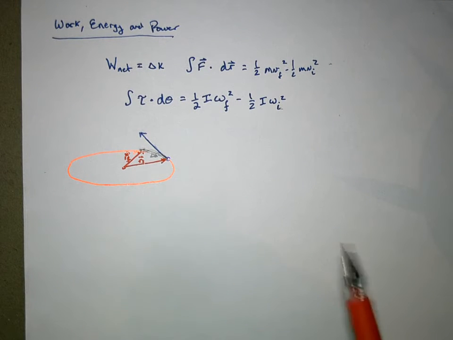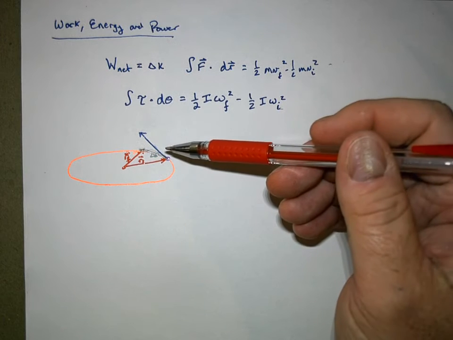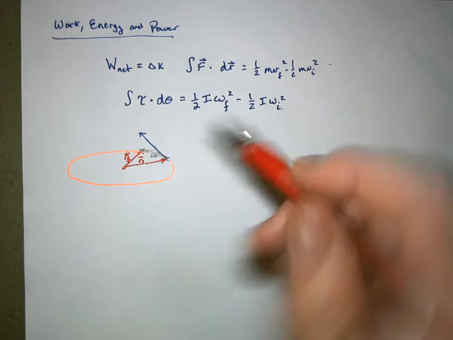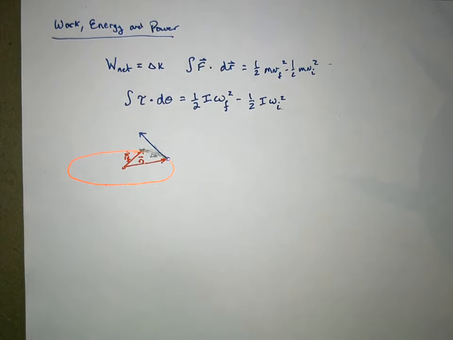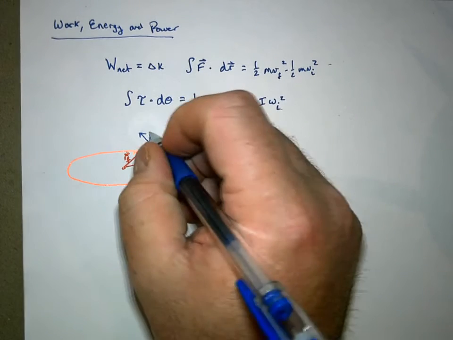If we travel along a delta S, then what we're really getting is the force, and this is our tangential force.